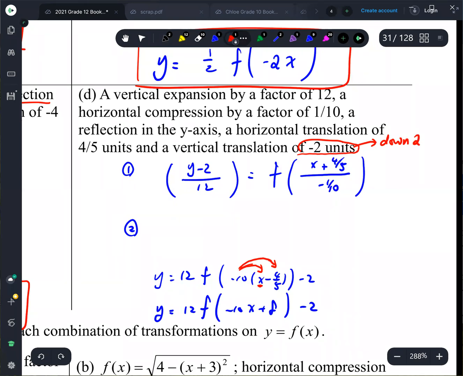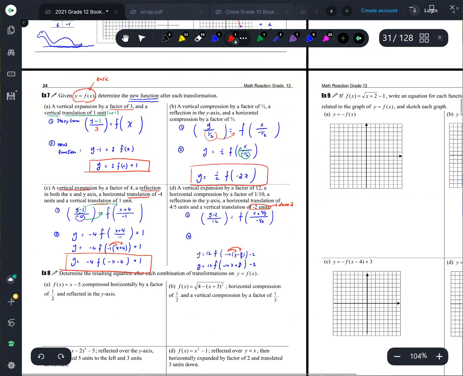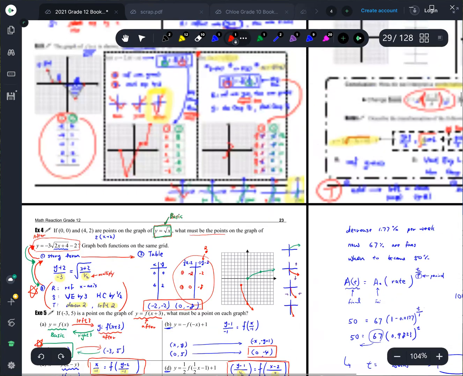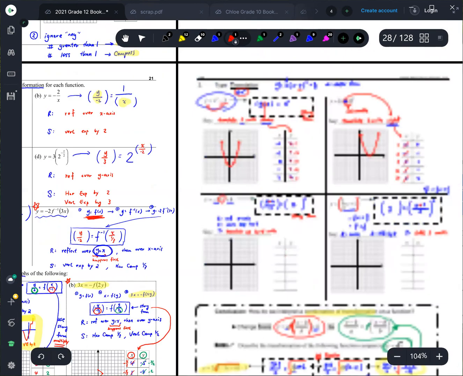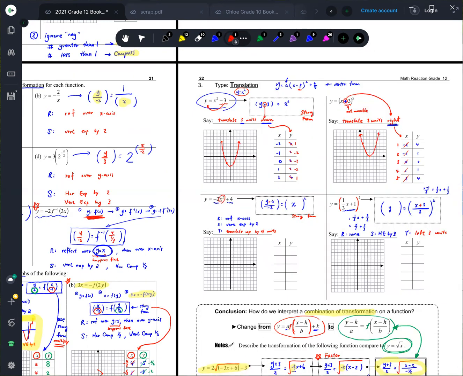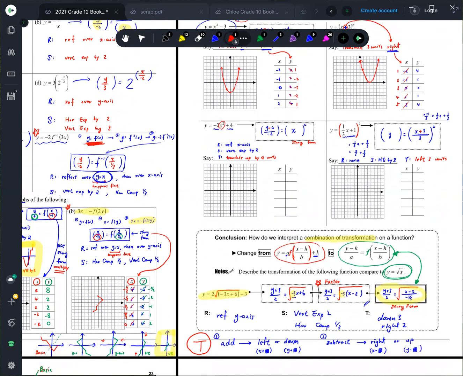So if we want to have down 2 from the story form, it should be y what? I'm not sure. Well, look at the summary we had before, right? If it's down, would it be add or subtract? Subtract. Okay, let me show you where the notes is. Go to page 22. Take a look at page 22 at the bottom. We wrote the summary there.